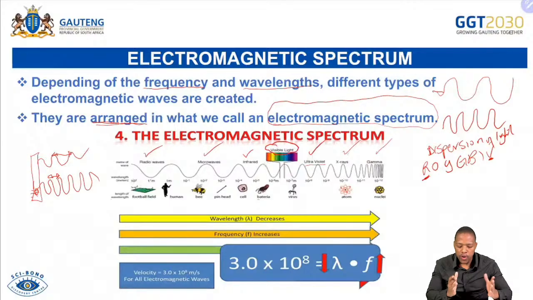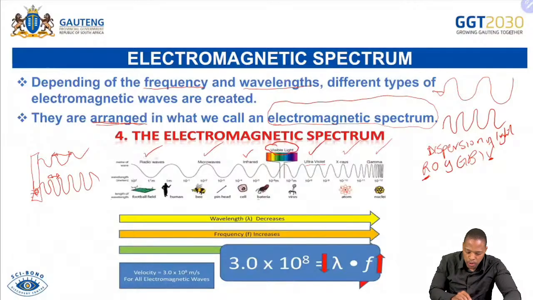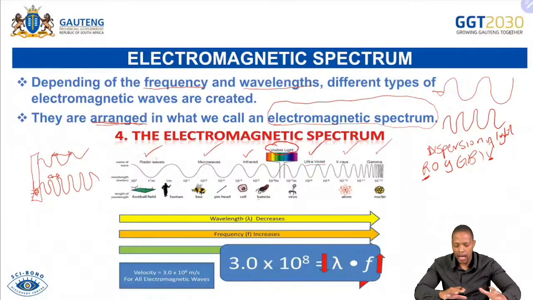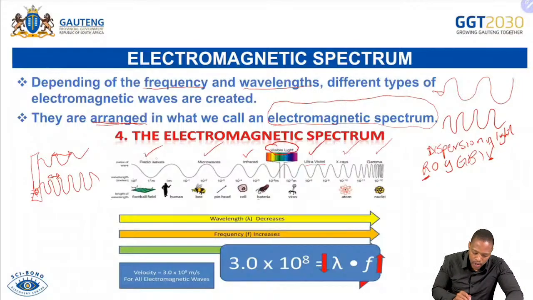Now as you can see here, this electromagnetic spectrum that I have here is arranged in a certain order. And what order is it arranged? Again, look at your waves. You have points in phase here. This means this is the wavelength.